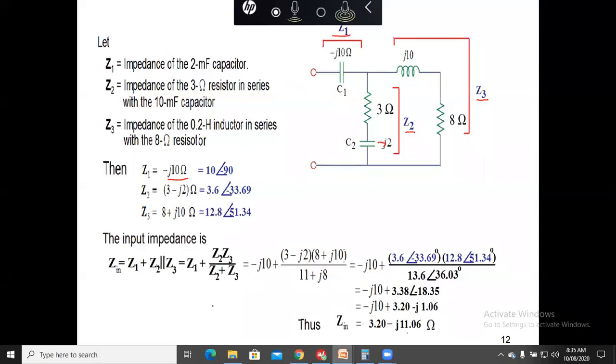So what will be the value of Z3? 8 plus J10.